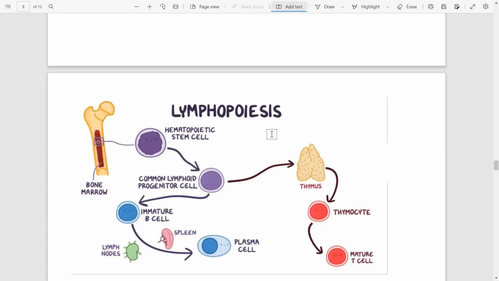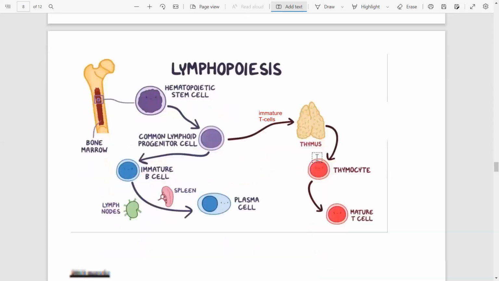So immature T cells will go to the thymus. The thymus is where T cells are going to be educated how to recognize their own self antigens versus foreign antigens.